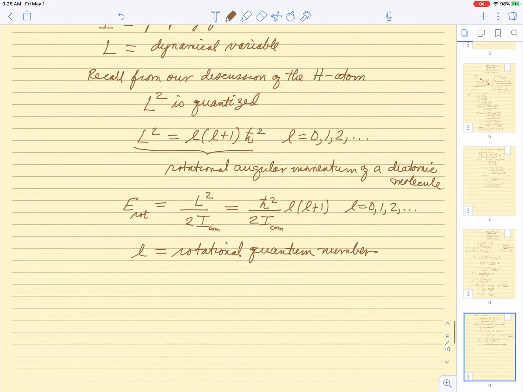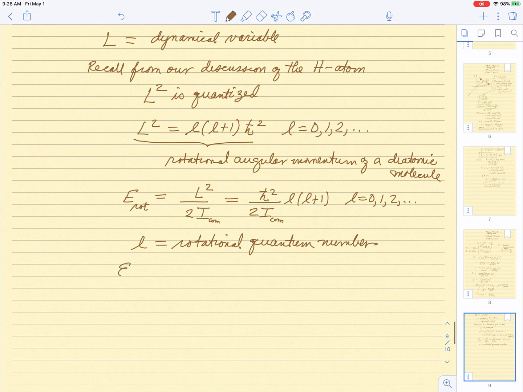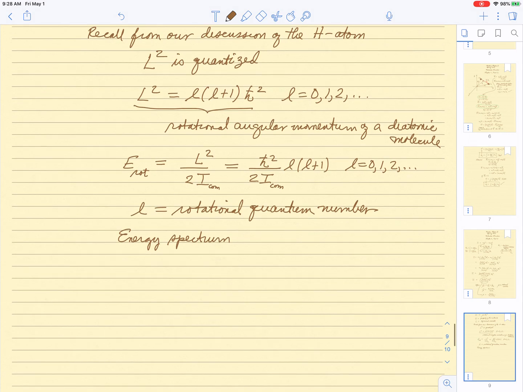Okay. So then if we want to look at the energy spectrum, for L equals 0, E0 is going to be h bar squared over 2I about the center of mass, times 0 times 0 plus 1, which is 0.